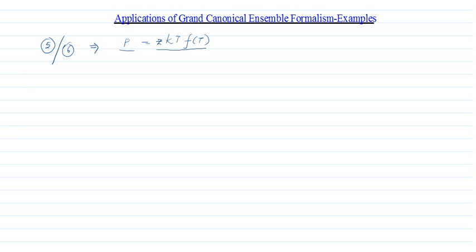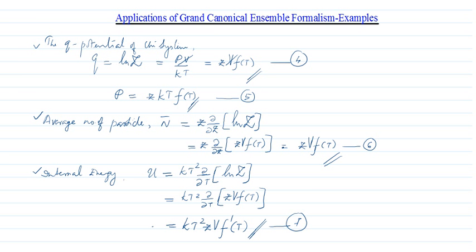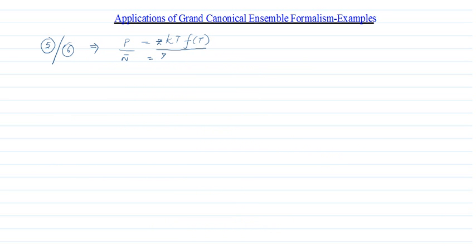N bar is nothing but Z V f of t. Let's see what will happen. Of course the Z and Z will get cancelled. This f of t and f of t, whatever be the value of f of t, will also get cancelled.